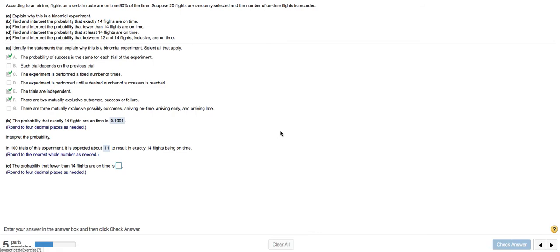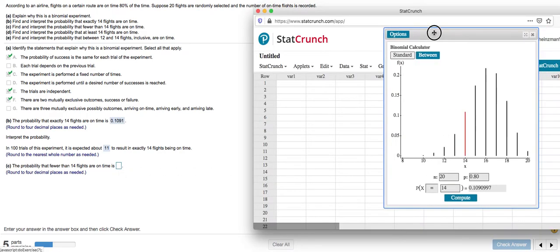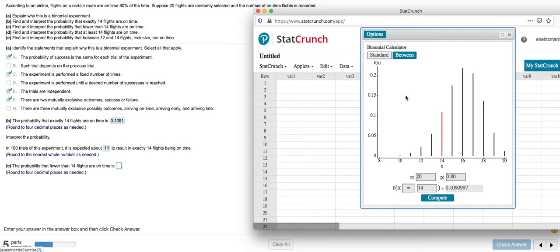So the rest of this question can be done by using the binomial calculator in StatCrunch, but let's try this one too. So the probability that fewer than 14 flights are on time. So I'm going to go back to StatCrunch and look at my calculator. Okay, now we're saying fewer than 14. So that's not exactly, that's going to be less than.